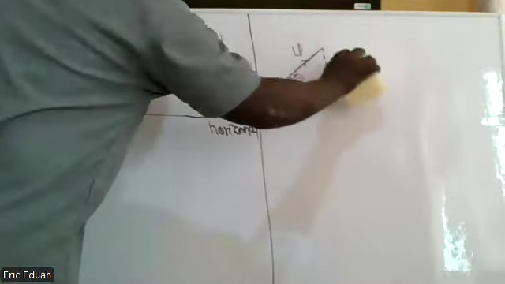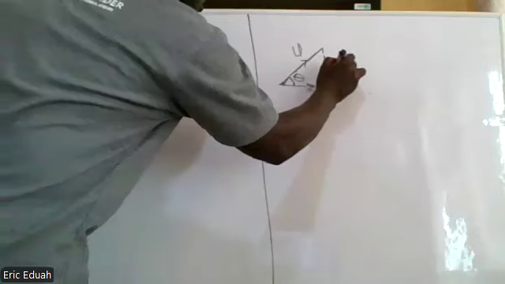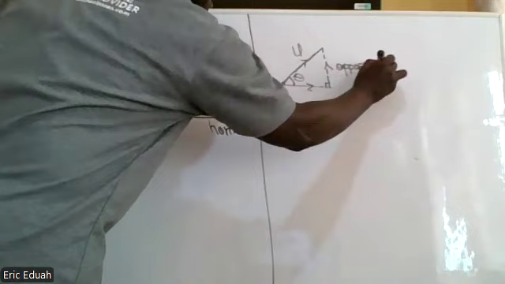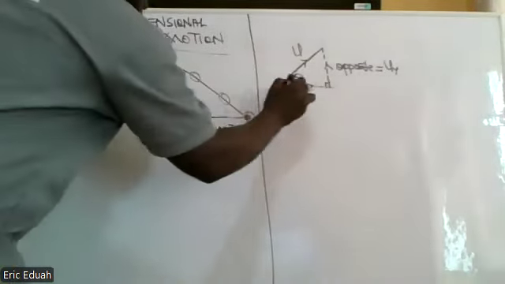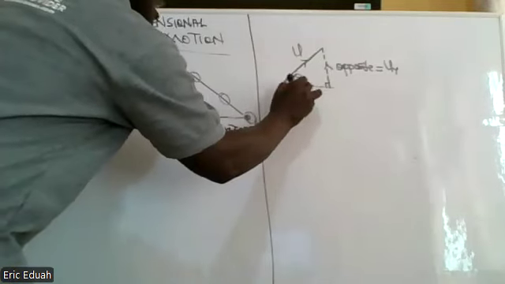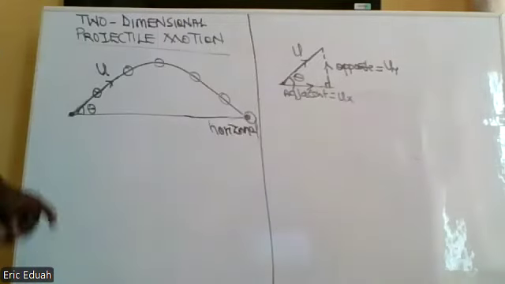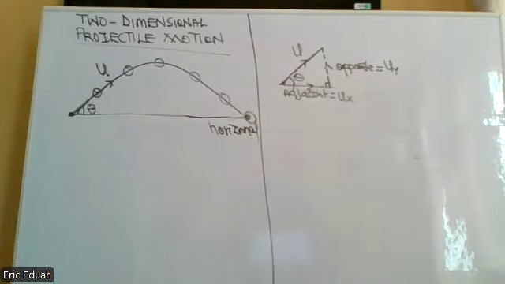Okay, this side becomes the opposite to the angle. The opposite is what we are calling uy, the vertical component. And then the adjacent is ux. Yes, Enoch, how do we determine the opposite? So please, I think it's u cos theta.